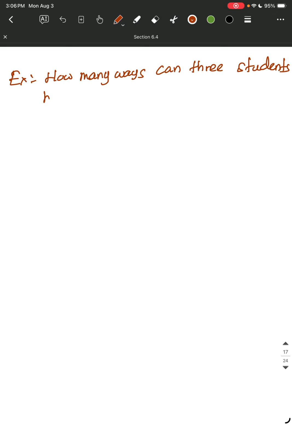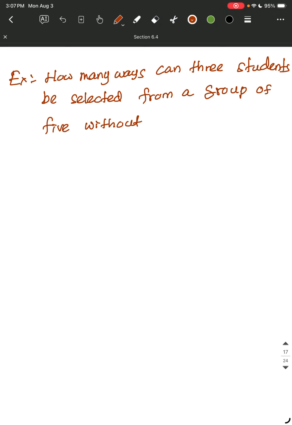Example: how many ways can 3 students be selected from a group of 5 without regard to order? This time we have again Alice, Ben and Carlos, the same group.